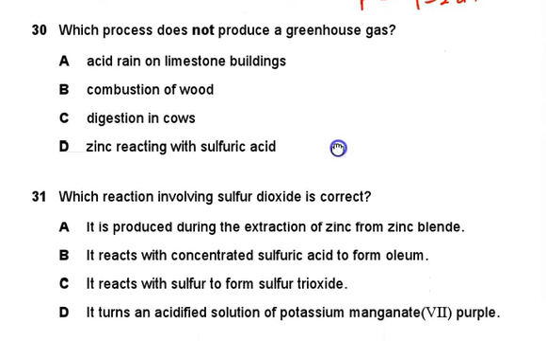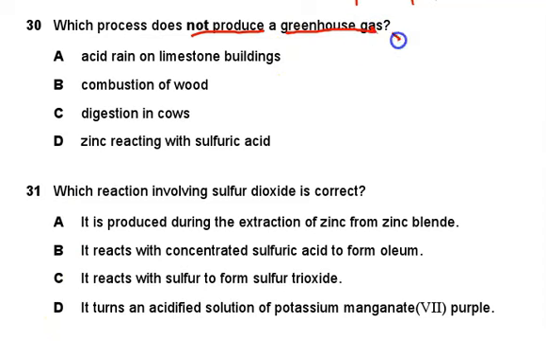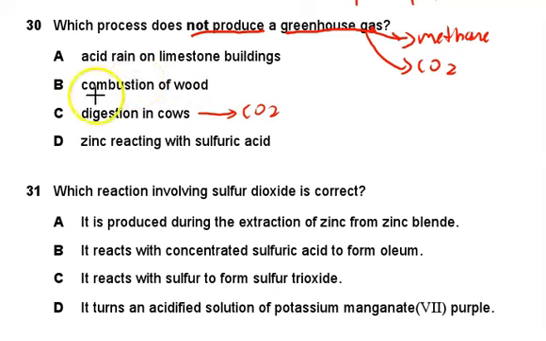Okay, now for number 30, which process does not produce greenhouse gas? Okay, greenhouse gas, the examples are methane and carbon dioxide. So if you look at here, digestion produces carbon dioxide. Combustion is also producing carbon dioxide. Digestion produces methane as well, right? Acid rain on limestone.